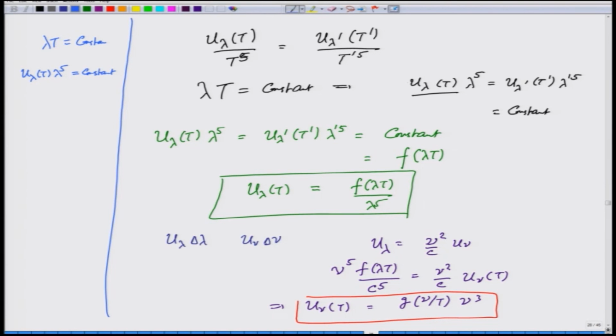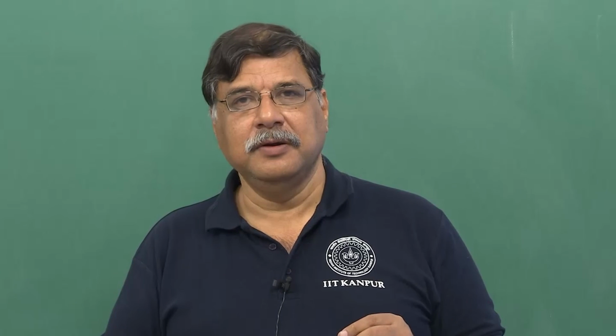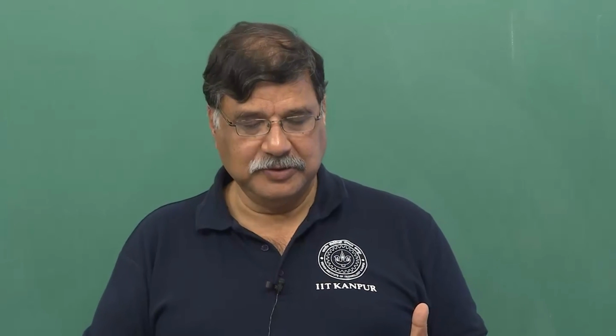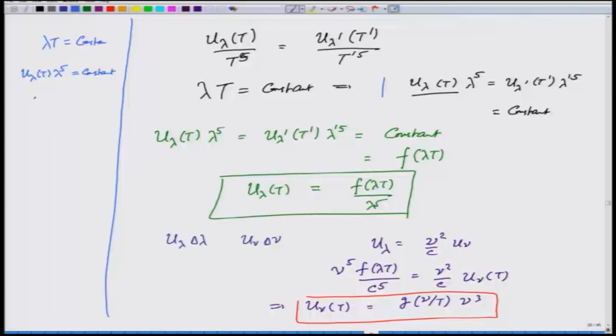So, if I am given the experimental curve at a particular temperature for different lambdas, I can always find the curve at some other temperature, because as the temperature changes, I will find the corresponding lambda prime, which will be equal to lambda T over T prime, and then using this formula, which says that u lambda T lambda 5 is equal to u lambda prime T prime lambda prime raised to 5, I can find u lambda prime T prime.